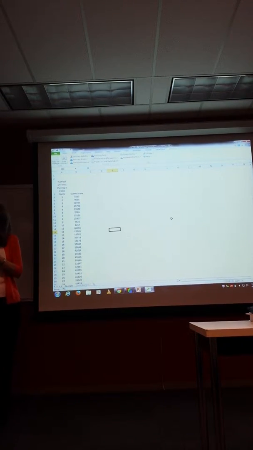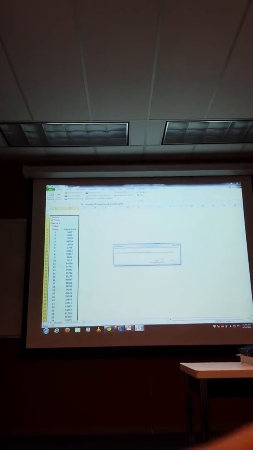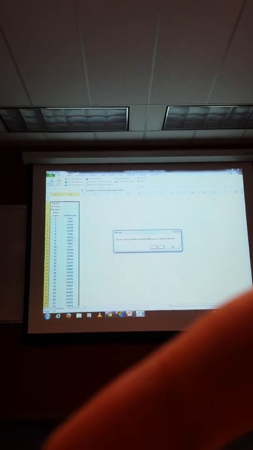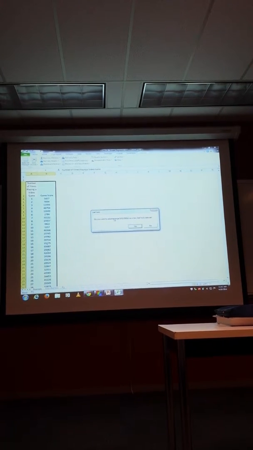First thing you want to do in stat tools is define your data sets. Just move your cursor anywhere inside of this data set, which is our video game data, and go to the data set manager. It will automatically recognize your whole range and ask, do you want to add that range as a new stat tools data set?